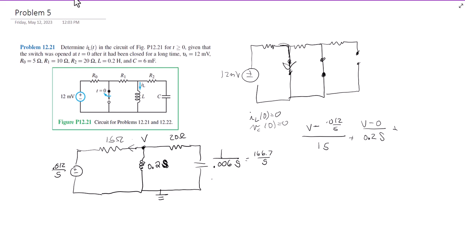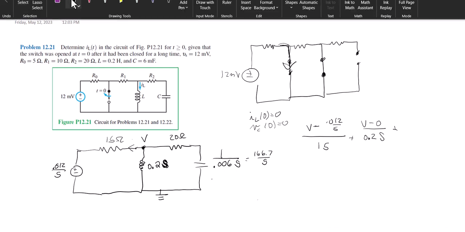Now, remember that in the S domain, everything acts like resistors. So this 20 ohm resistor and the capacitor in series, I can just add those together as if they are resistors.